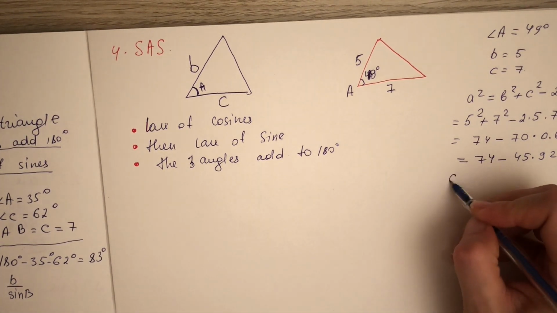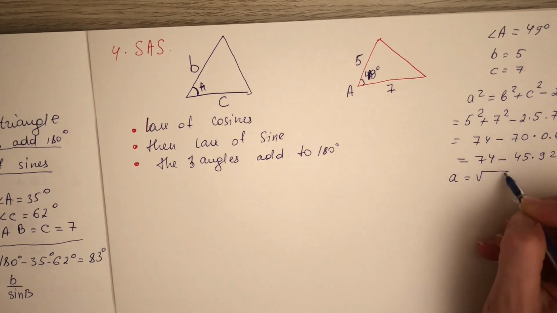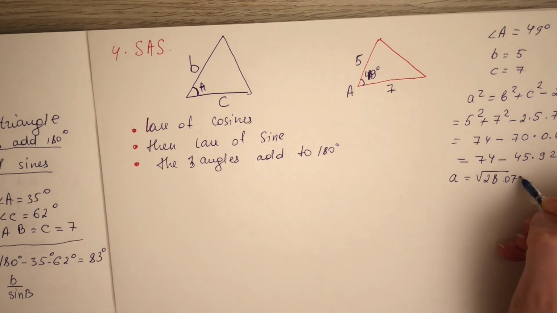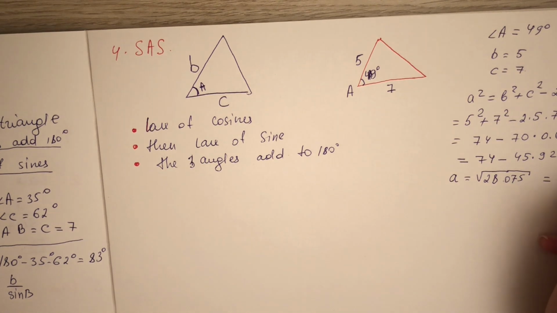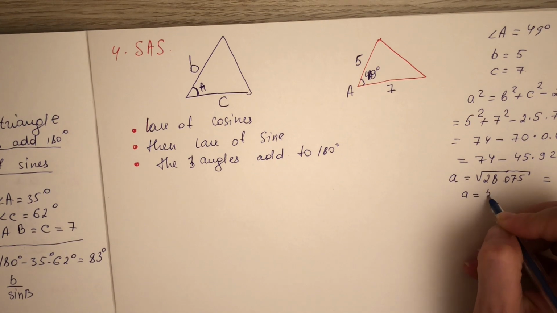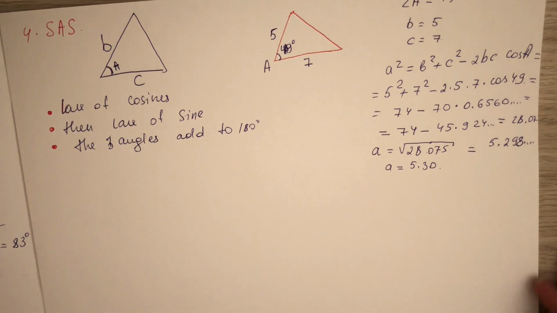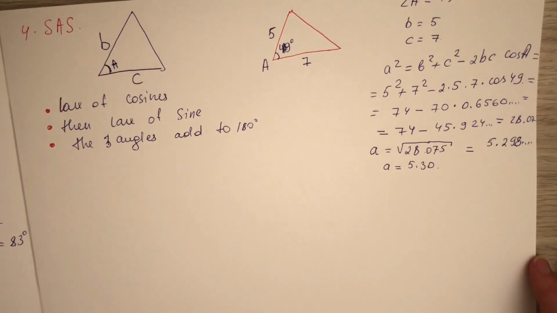And here a is equal to the square root of 28.075 and so on, which is equal to 5.298 and so on. To 2 decimal places it is 5.30. Okay, as you see here.